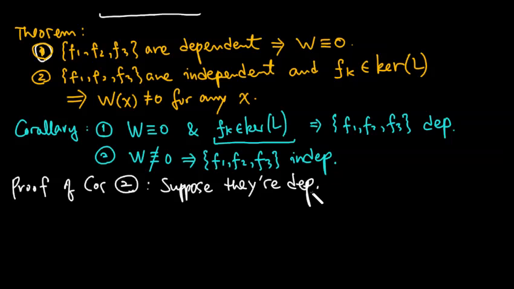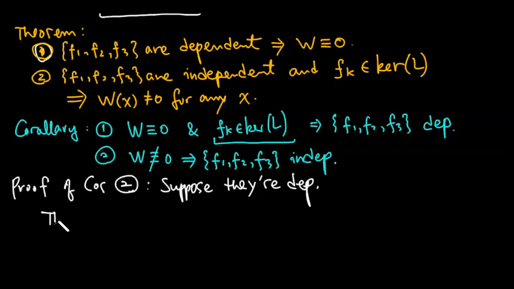Can this happen? What we have in this theorem about dependency is this part here. As long as the functions are dependent, whether they're solutions or not, the Wronskian is identically 0, but that contradicts not identically 0.